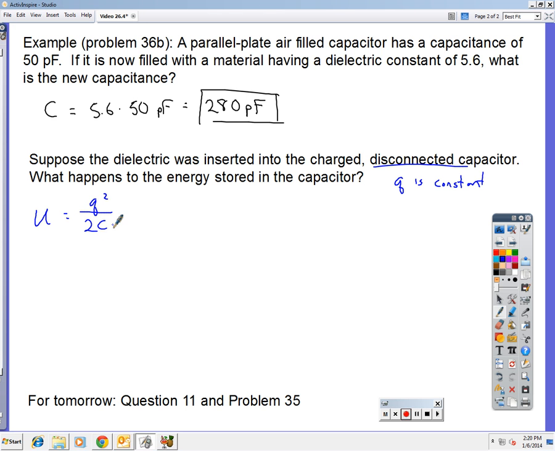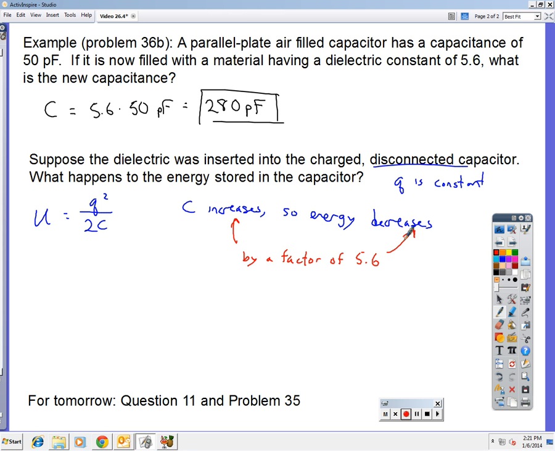C increases, which means that the energy decreases. Specifically, the capacitance increases by a factor of 5.6, and so the energy will also decrease by a factor of 5.6.